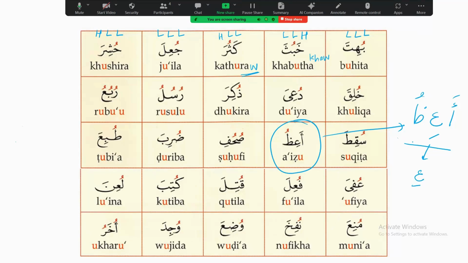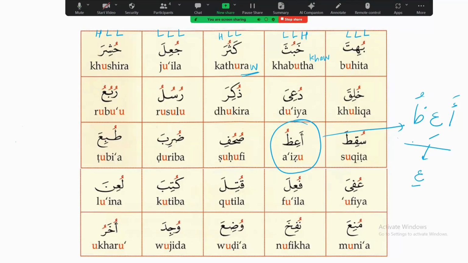The next one is سُقِطَ أعيذ صُحُفِ ضُرِبَ طُبِعَ. Then عُفِيَ فُعِلَ قُتِلَ كُتِبَ لُعِنَ مُنِعَ نُفِخَ وُضِعَ وُجِدَ أُخَرُ. Like this.